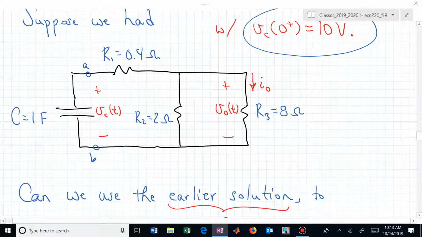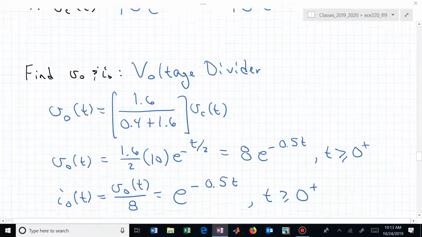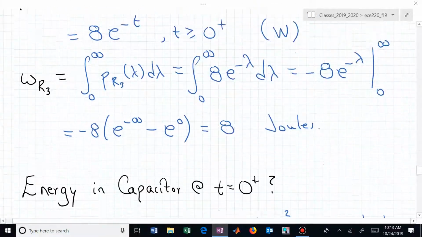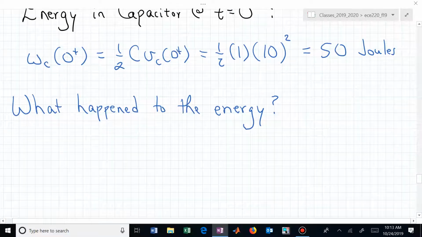R3 took 8 of those. R1 and R2 are going to take their share, aren't they? More of the share of 50 than R3 takes. I think I'm going to let you do that on your own. What happened to the energy?